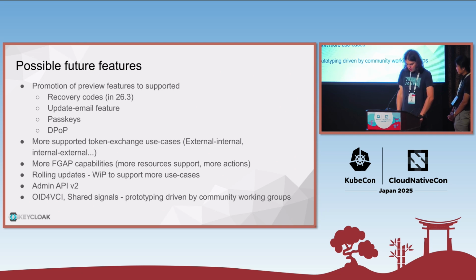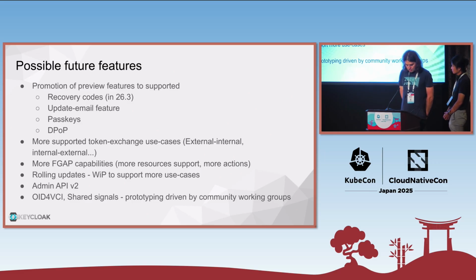More supported token exchange use cases, as right now we support just the internal, as I've mentioned. Possibly more fine-grained admin permission capabilities, like more resources support besides users, clients, roles and groups. And maybe also enhancements in rolling updates.